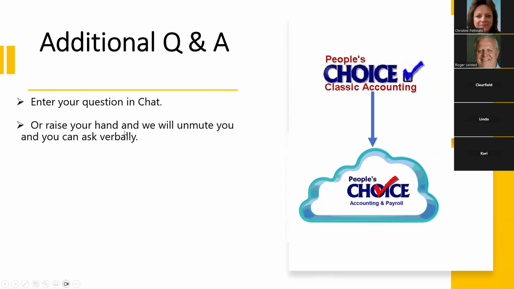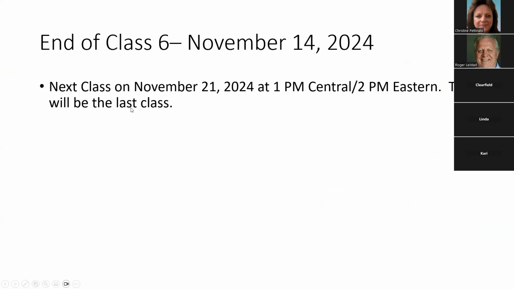Just as a reminder, next week will be the last class, but we will be reopening. We'll be doing some webinars that you'll be notified about. Next week we'll focus more on getting ready for year end. We'll probably do a little on the W-2 and 1099, or if there's some follow-up there between now and next week.